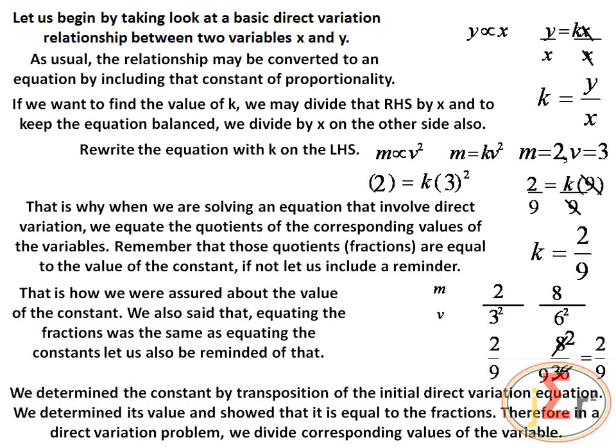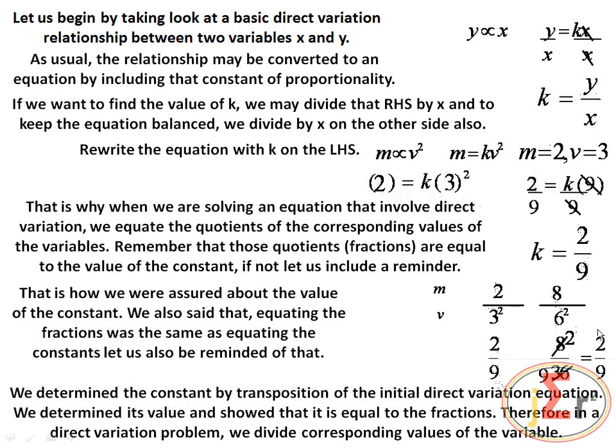Therefore, in a direct variation problem, we divide corresponding values of the variables. Notice that when we transposed the equation, what we actually did here was divide the value of y by the value of x, and we show that it is equal to 2 over 9. And when we divided the values here, we show that it is also equal to 2 over 9.